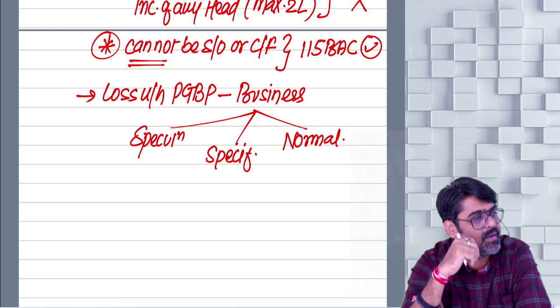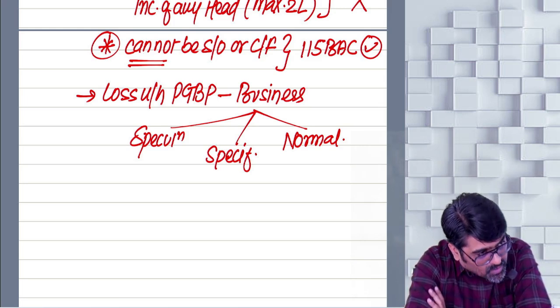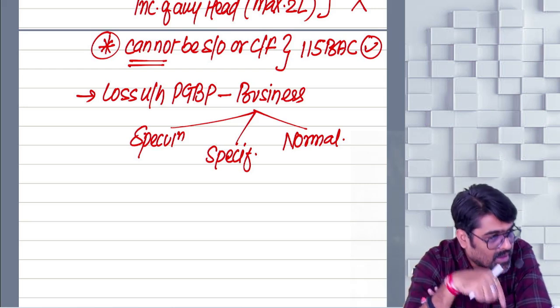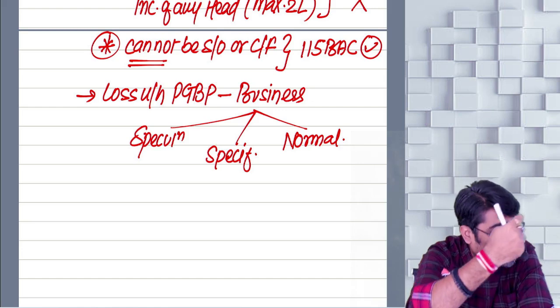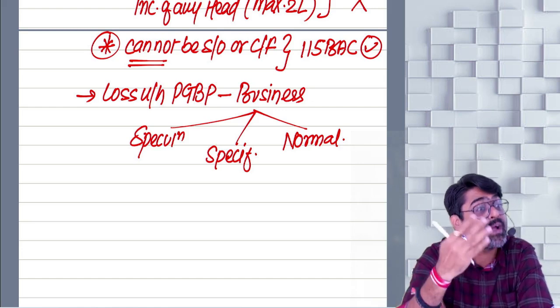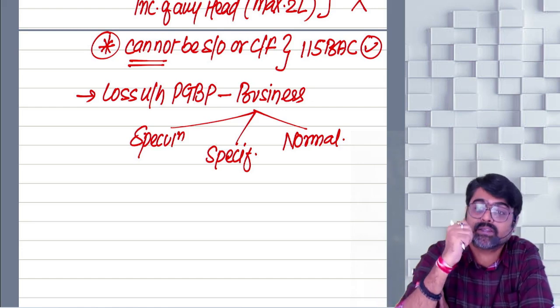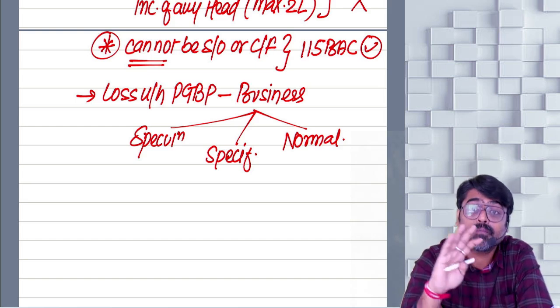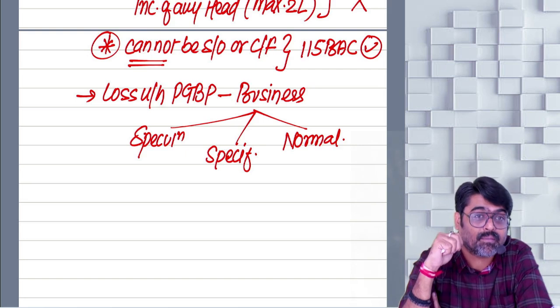So what if we don't allow the speculation losses to be set off against other business incomes? Will we allow this loss to be set off against other heads? No. Within the head also we don't allow it against other business income. So how can we allow it against other heads of income?